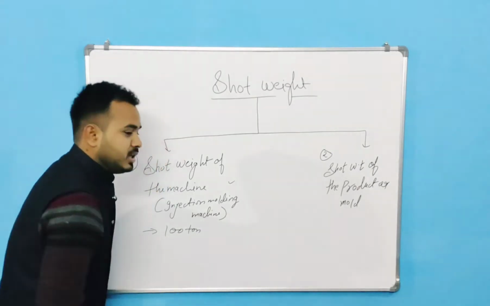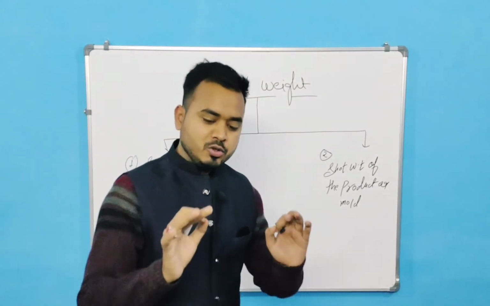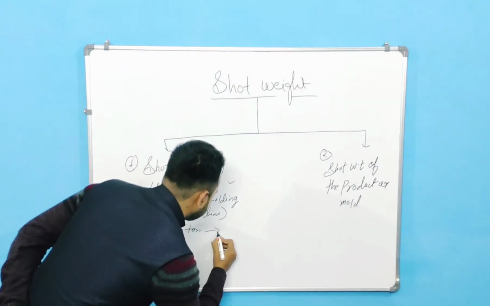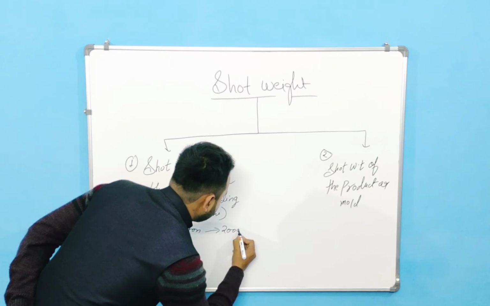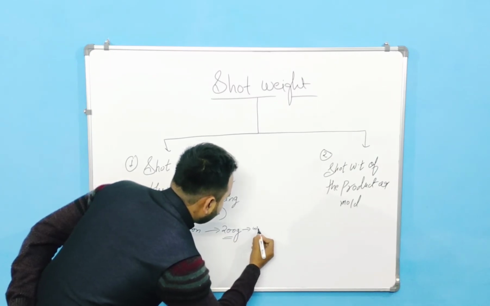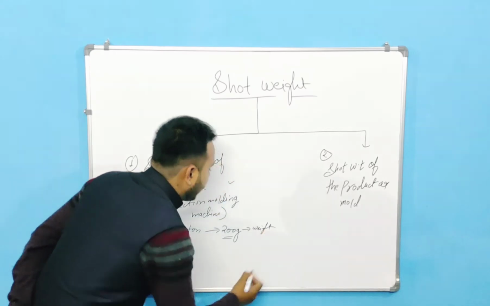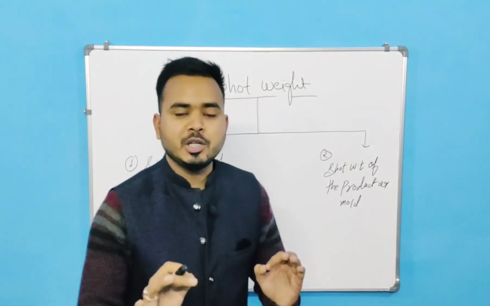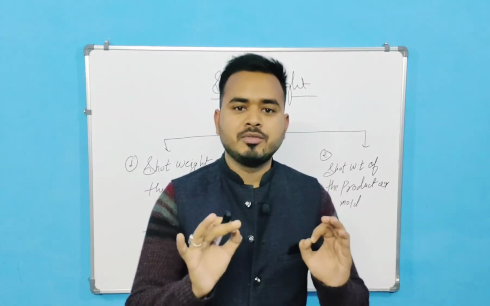You bought a machine that is 100 ton, and that machine produces 200 grams of the molten material. So that is the short weight of your machine. That means your machine can produce 200 grams of the material.